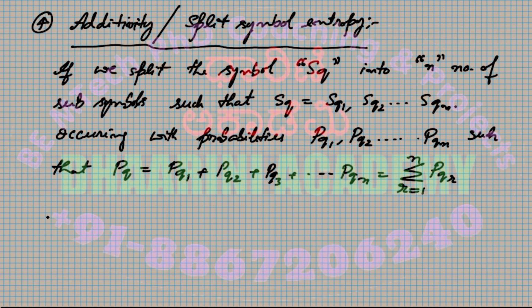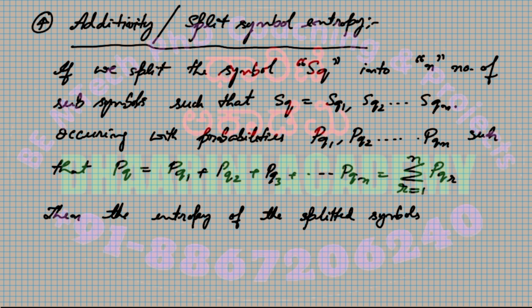So then the entropy of the split symbols. How do you calculate?